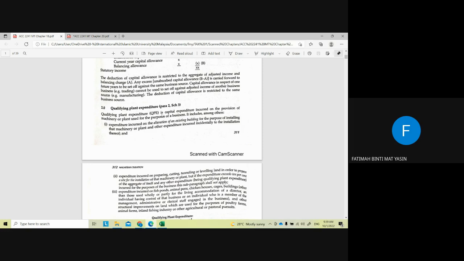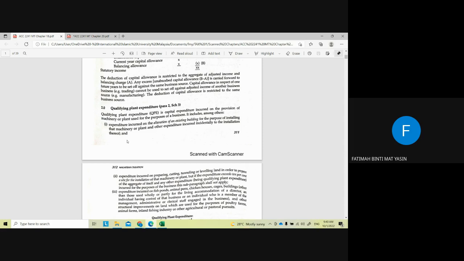So how you determine the QPE: it includes, among others, first, expenditure incurred on the alteration of an existing building for the purpose of installing that machinery or plant, and other expenditure incurred incidentally to the installation thereof.